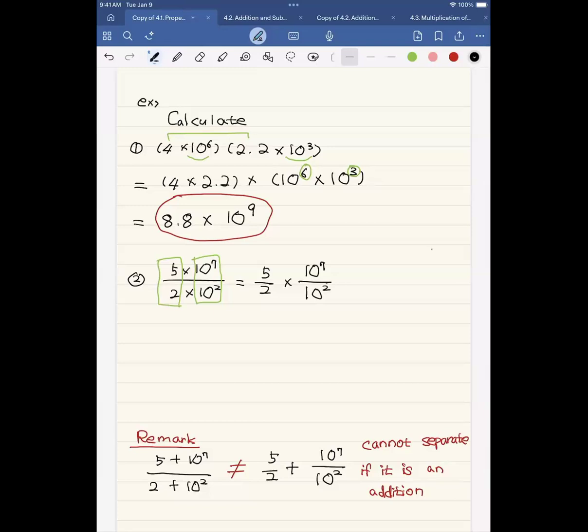The first number is obviously 2.5 times 10 to the 7 minus 2, which equals 2.5 times 10 to the 5th power. This is the last answer.